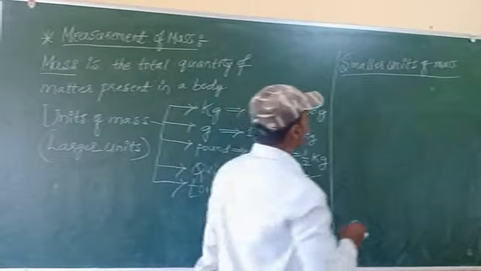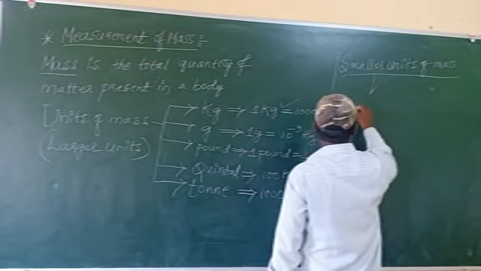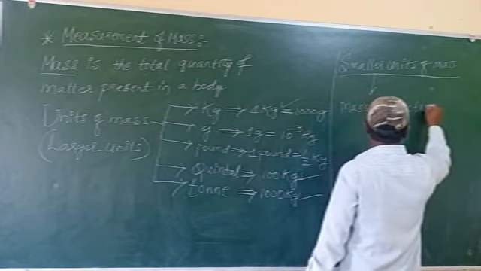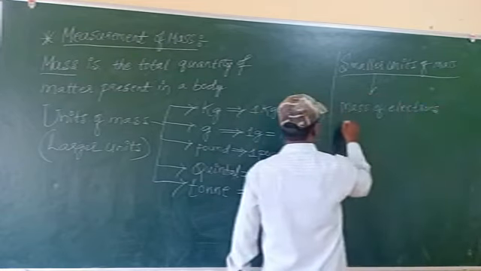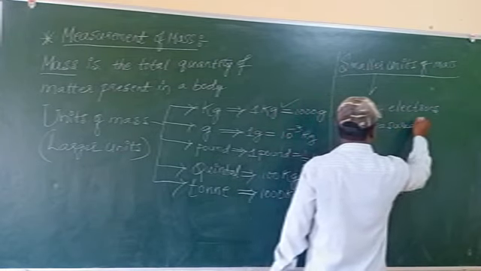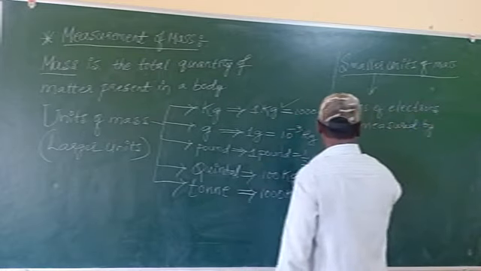Here smaller units of mass means to measure electron, mass of electrons is measured by AMU.